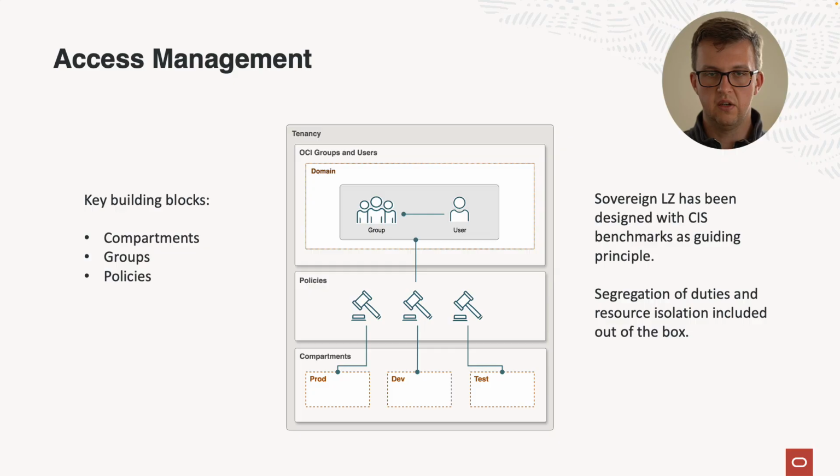The Sovereign Landing Zone has been designed with CIS benchmarks as a guiding principle, and it's compliant with Level 1 CIS benchmarks out of the box. In the Sovereign Landing Zone, we include concepts such as segregation of duties and isolation of resources. These security controls allow customers to start a cloud journey with a set of best practices that can be deployed within a few minutes.